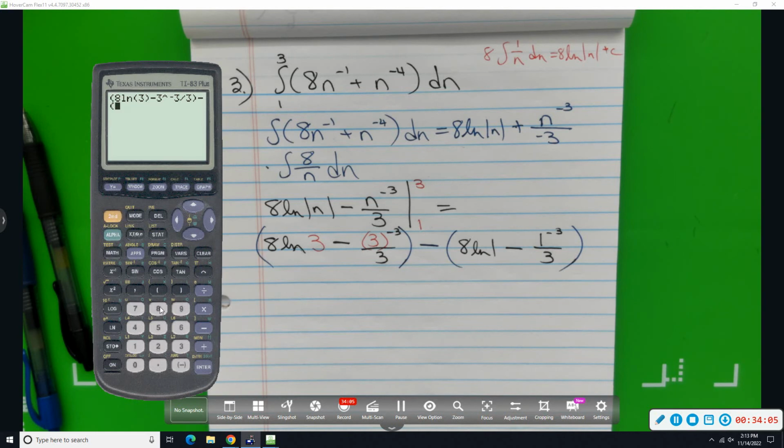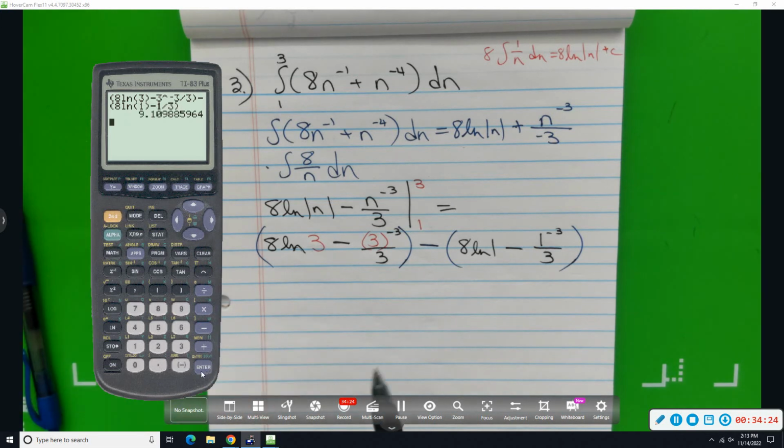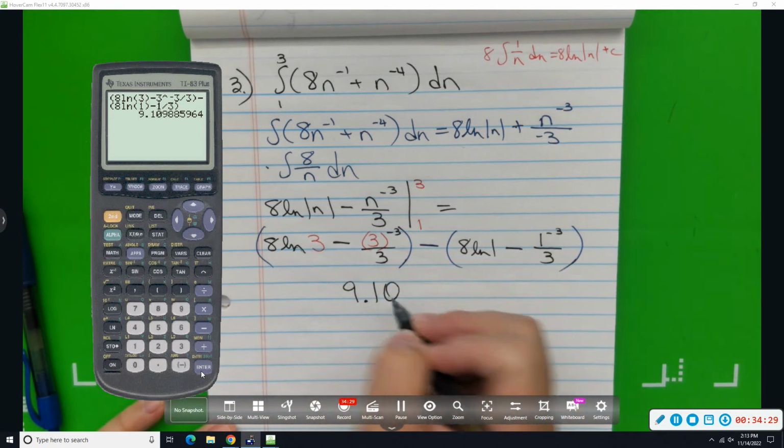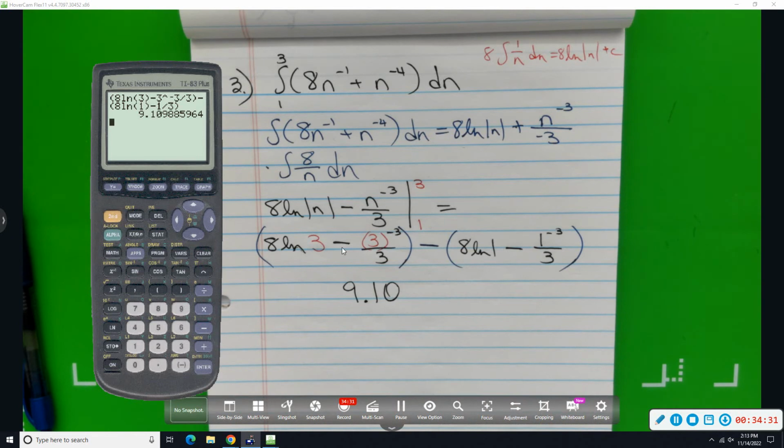Left parentheses, 8 ln 1, close parentheses, minus 1 to any power is 1. So I'm just going to say minus 1 divided by 3, equals. They want it rounded to 4 decimal places, so I'm getting a 9.10. Look at that. That's a 988.